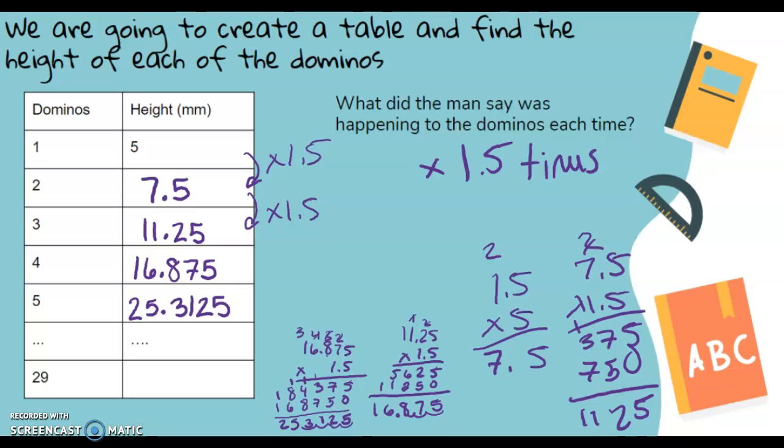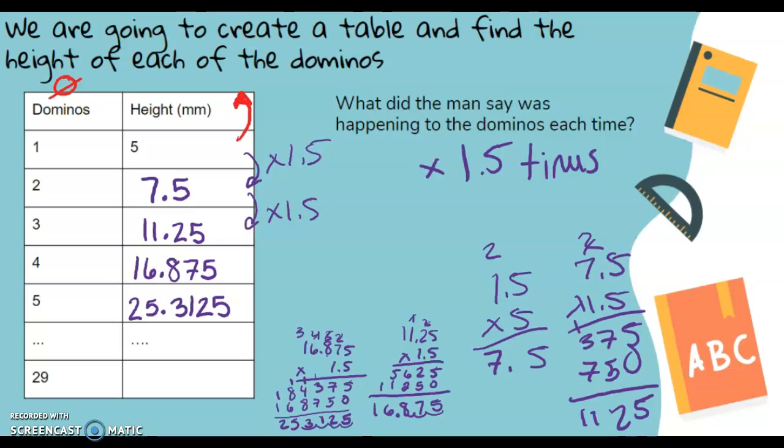In order to figure out where it's going to hit my y-axis, I need to know at 0 dominoes, what is the height going to be? Now I know that sounds a little bit crazy, but bear with me. Instead of multiplying by 1.5, we're going to work backwards to figure out what the height of no dominoes would be.